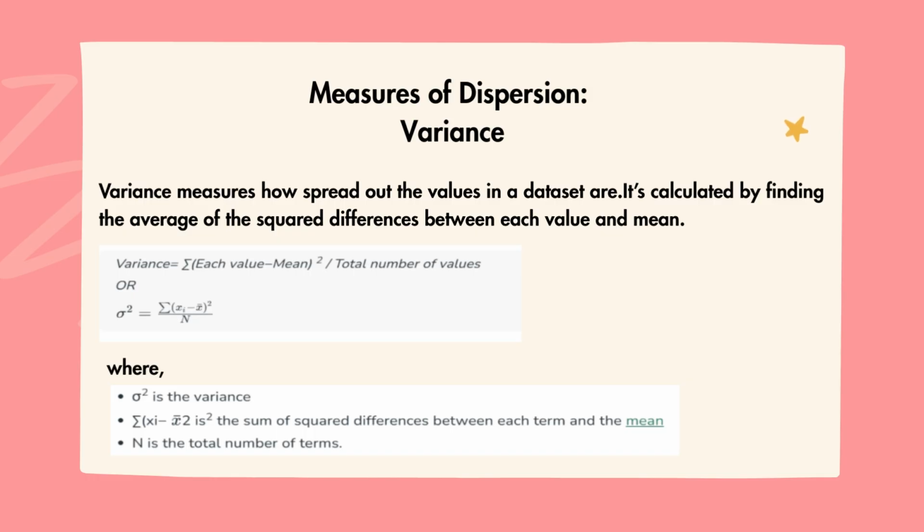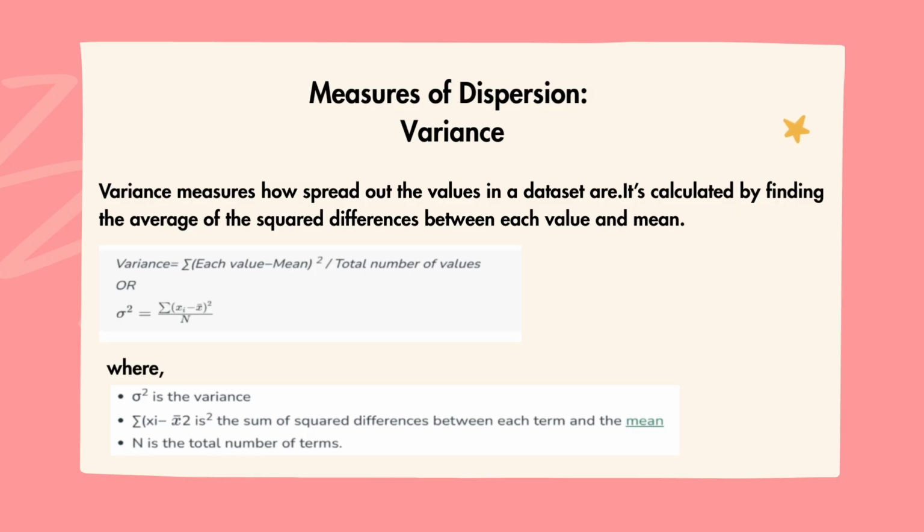Here, sigma squared represents variance, xi represents each individual data value, mu is the population mean, n is the total number of values, and the summation symbol means we add all the squared differences together. Squaring ensures all values become positive and emphasizes larger deviations.